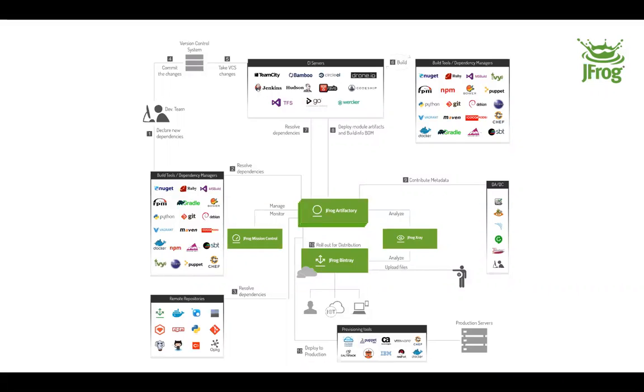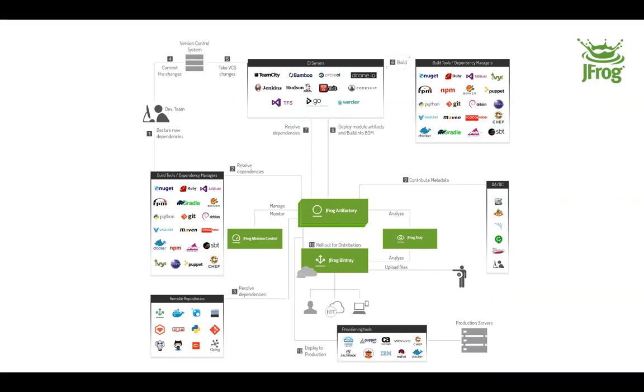But if they are not present locally, Artifactory is going to get those dependencies from remote repositories like JCenter, Maven Central, etc. When Artifactory resolves those dependencies from the remote repositories, it caches those artifacts for your future use as well. So the next time you need the same artifact, there is no need to go anywhere else because everything is present locally.